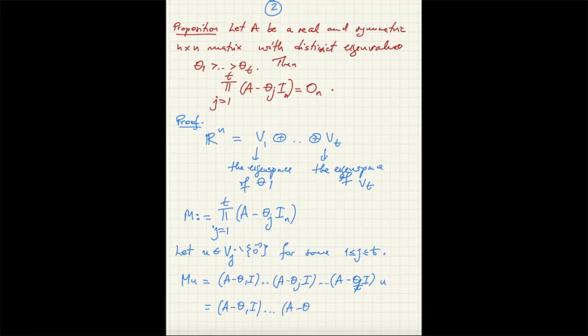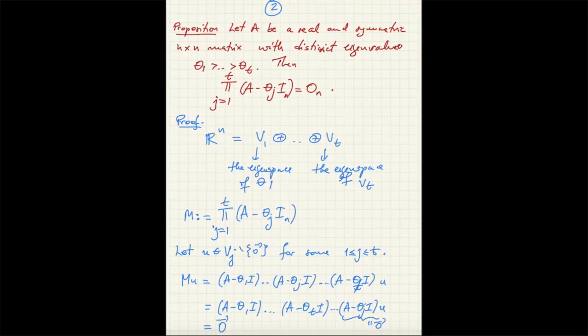For example, I can just swap and bring (A minus theta j identity) to the right, next to u. When it meets u, it gives me the 0 vector, and that kills everything. So we get the 0 vector.